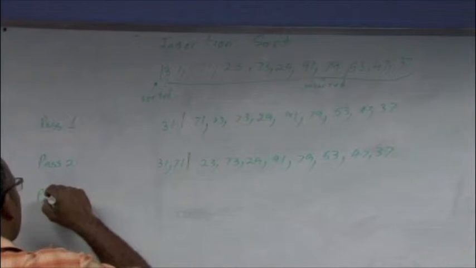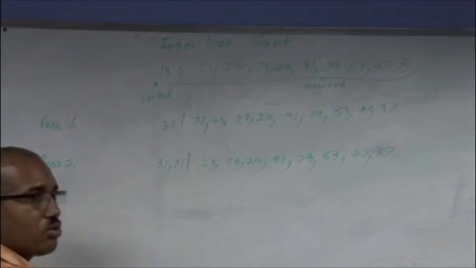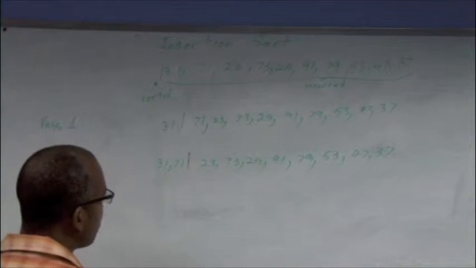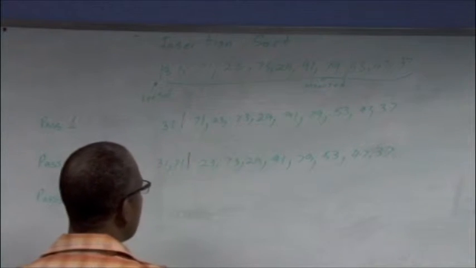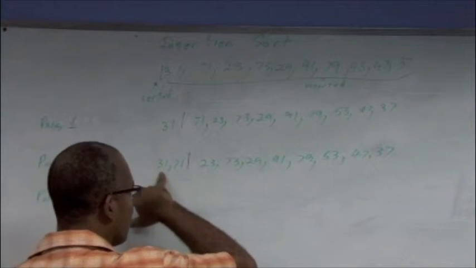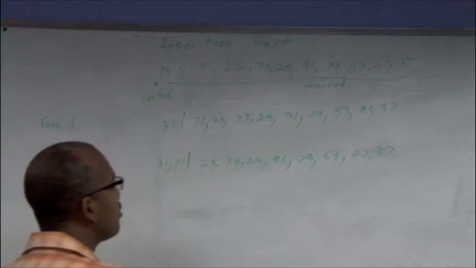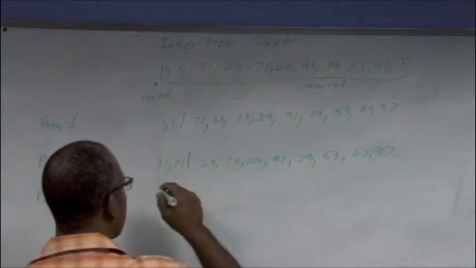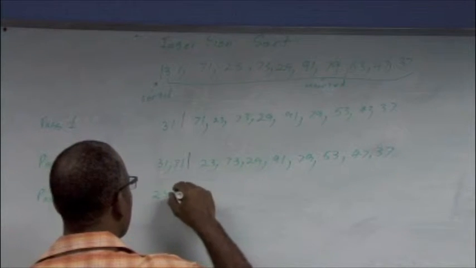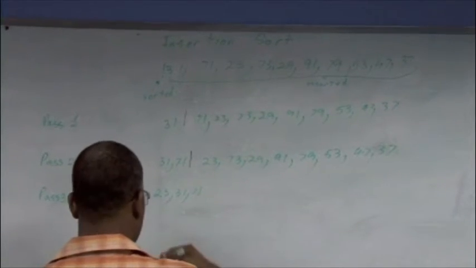Pass 3. One more thing goes over. So 23 goes over. Now that 23 is in the sorted list, where do you expect it? Right in front of everything else. So our sorted list is now 23, 31, 71.